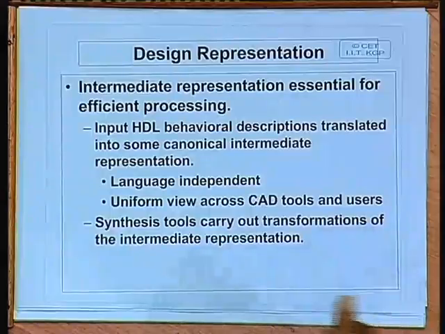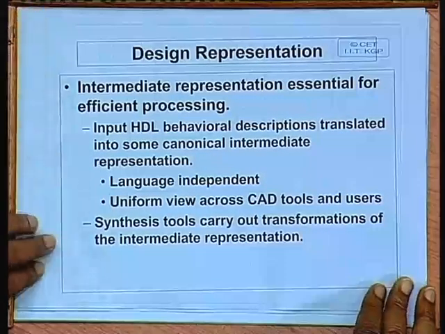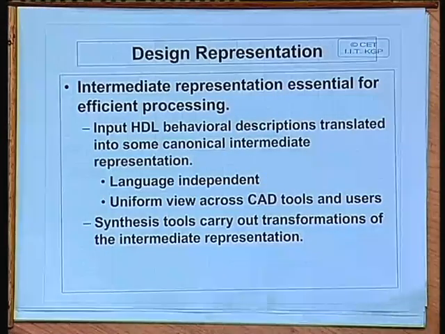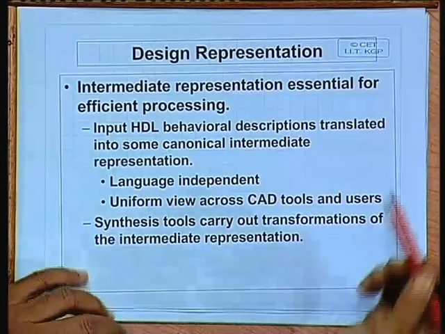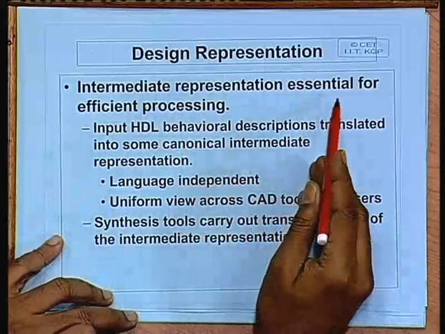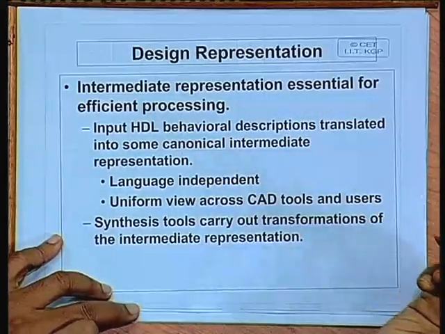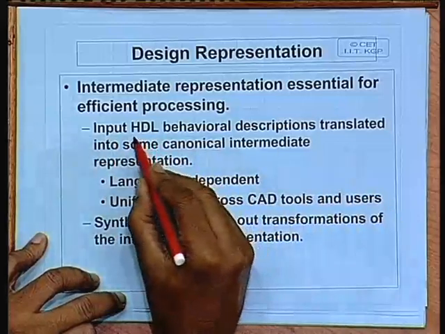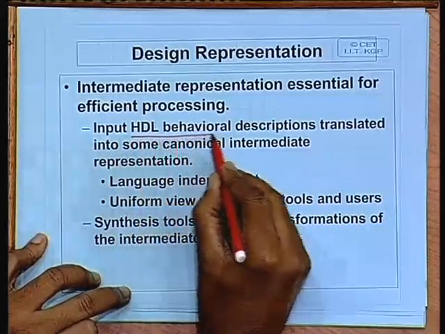So, first let us talk about the design representation. We will try to illustrate this with examples, and subsequently we will see that using this design representation we can do a number of different manipulations. Of course, this representation will be essential for efficient processing for obvious reasons, and our input is some hardware description language, a behavioral description.